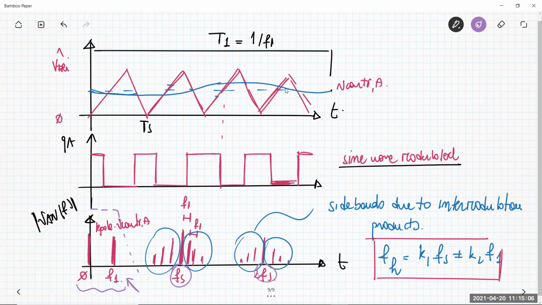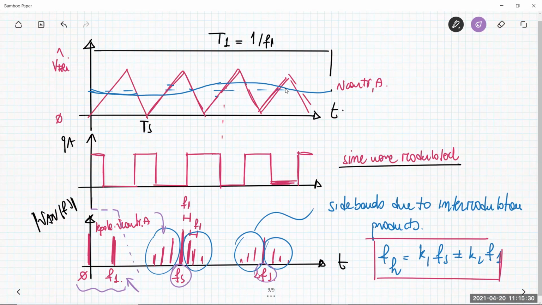Of course, this demodulation process is made easier if you are able to, say, reduce a little bit the quantity of these intermodulation products. As we'll see in future lectures about the inverters, most of the modulation techniques will be devoted to reducing the number of the intermodulation products or the high order harmonics.